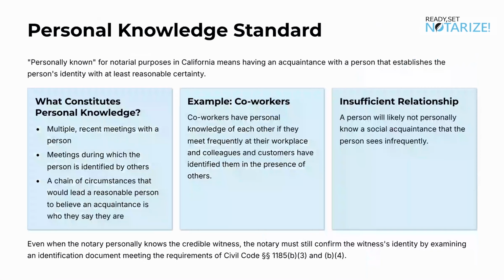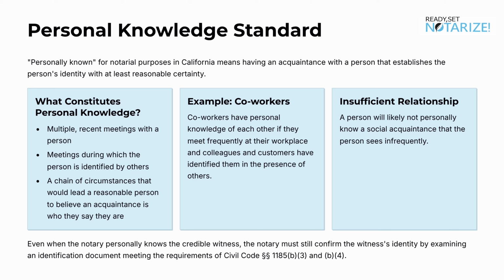California Civil Code, Section 1185(b)(1). Personally known is not defined currently in California law, but it is interpreted for notarial purposes in California to have the same meaning as defined in former California Civil Code, Section 1185(b), see Volume 8, West's California Annotated Civil Code, Section 1185(b), 2007 edition, page 63, which is having an acquaintance with a person that establishes the person's identity with at least reasonable certainty.